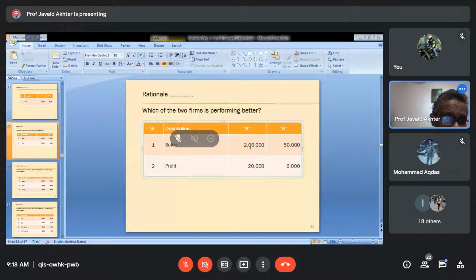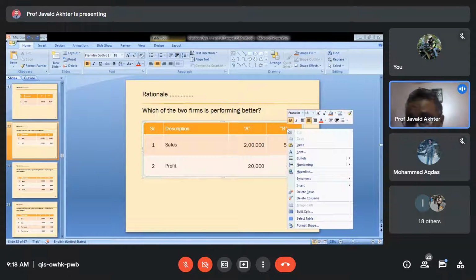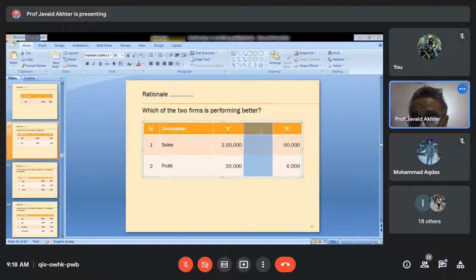That data gives us enough insight. For example, we may have these not as 3 firms but as products. Product A we are selling for this much, product B for this much, product C for this much. Let us say A, B, and C are the products that you are selling.